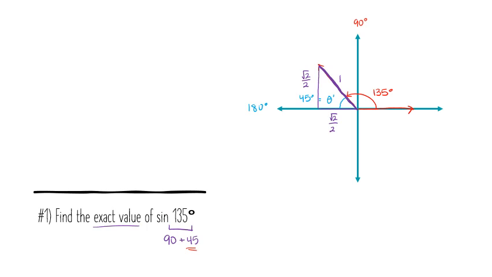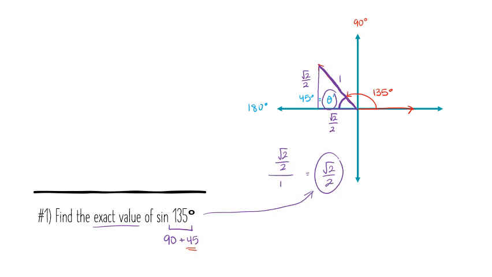So therefore, the sine of this reference angle, the sine of 45 degrees, is equal again to the square root of 2 over 1, or just the square root of 2 over 2. This is the exact sine of 135 degrees. Again, because we're using our reference angle here, which is 45 degrees. The sine of 135 degrees is equal to the sine of 45 degrees.